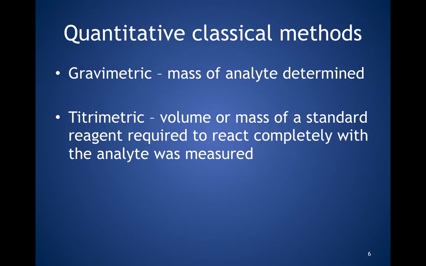In the gravimetric technique, we're interested in determining the mass of the analyte. In the titrimetric technique, it's the volume, or mass, of a standard reagent that is required to react completely with the analyte that was measured. So again, gravimetric is the mass, and the titrimetric technique is a volumetric kind of technique.